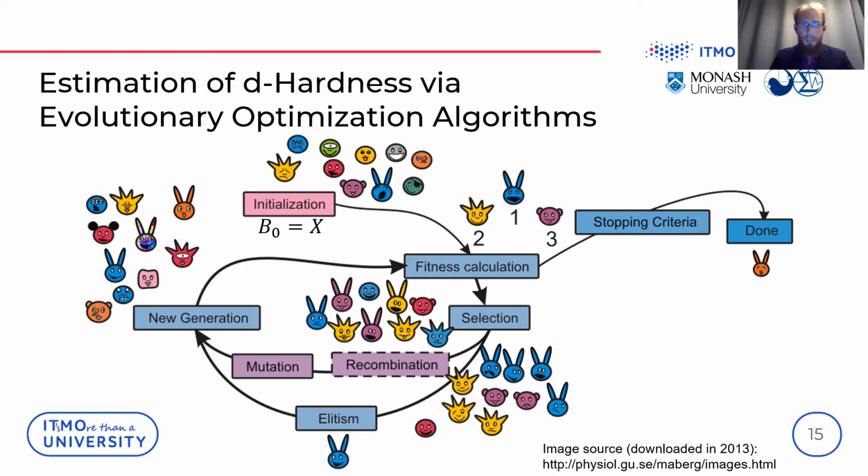The simplest way to do it would be to apply something like Williams' algorithm. But as we show further, it's not a very good idea. And in this work, we employ evolutionary optimization algorithms for this task.